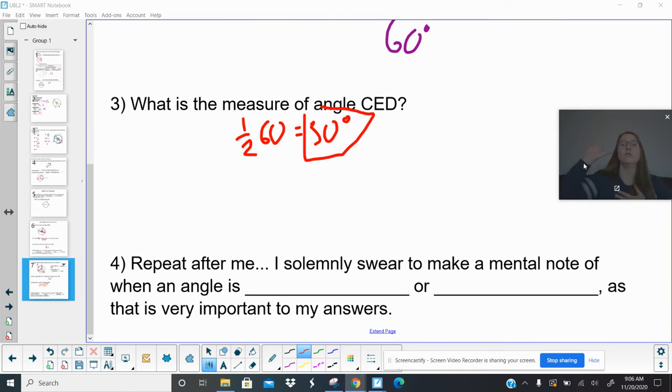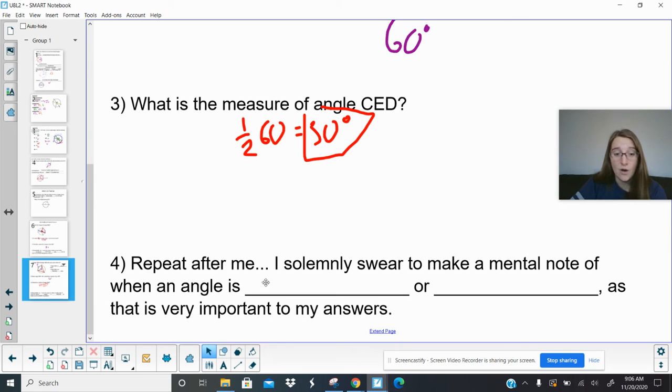So once more, you solemnly swear to make a mental note or just write it down: whether an angle is a central angle or inscribed is very important to my answers. Central angle, same as the arc. Inscribed, either half or double. We have to be careful with which direction we are going.